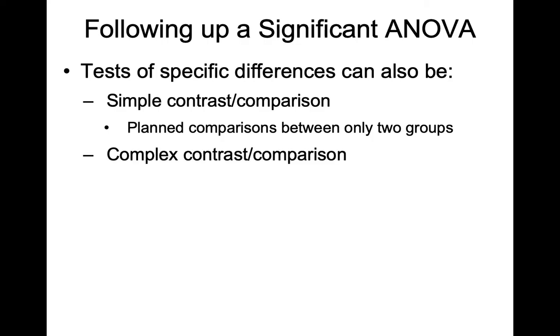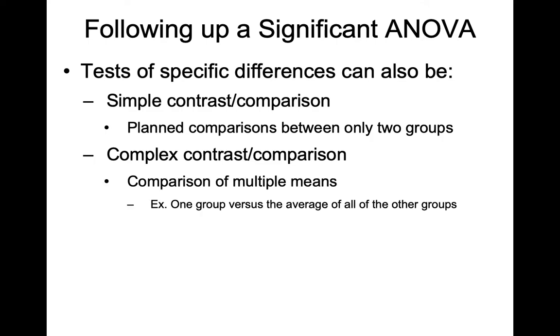In contrast, we have what are known as complex comparisons, in which we compare multiple means. So for example, you could take one group versus the average of all the other groups. So a researcher might want to know, are securely attached people more trusting? Do they report more trust in their relationship than the other two groups, right?